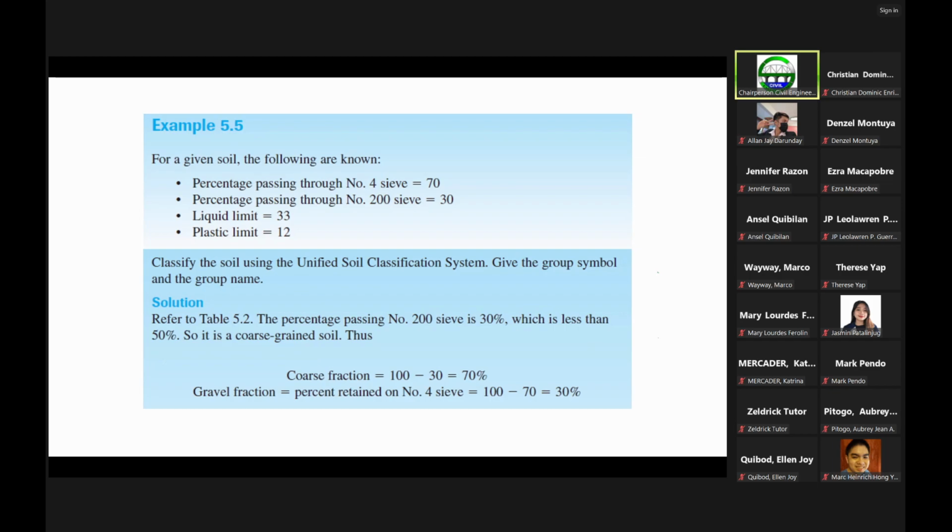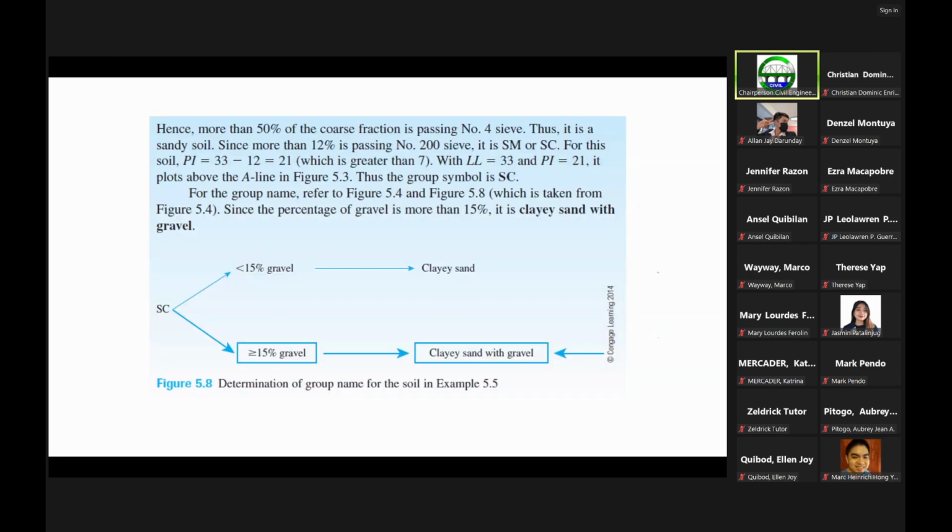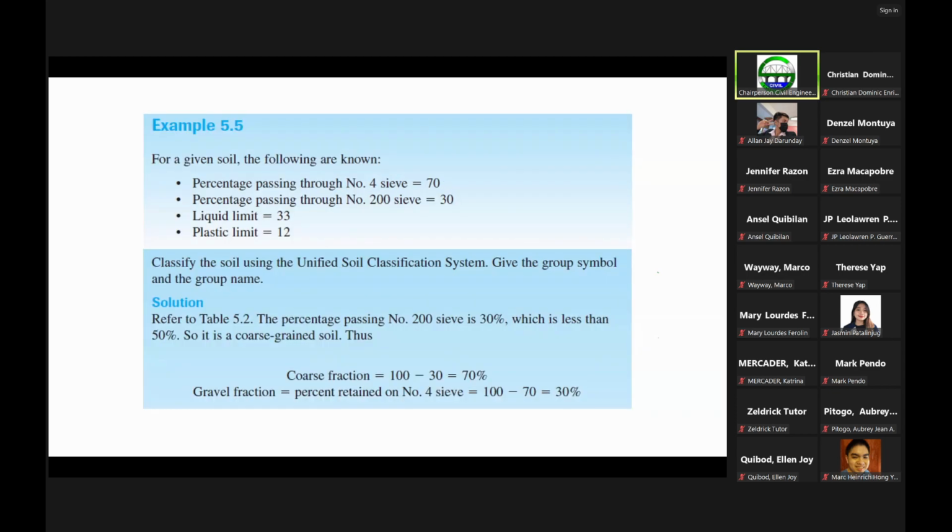So 100% minus 70 percent passing number 4 sieve will give you the percent retained on the number 4 sieve, which is 30%, and that is your gravel fraction.